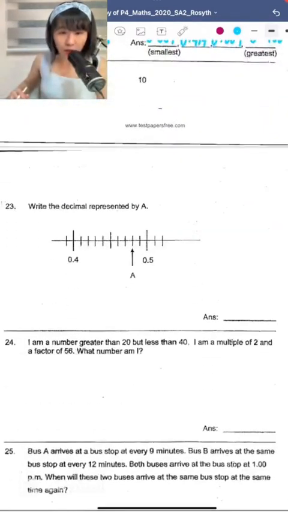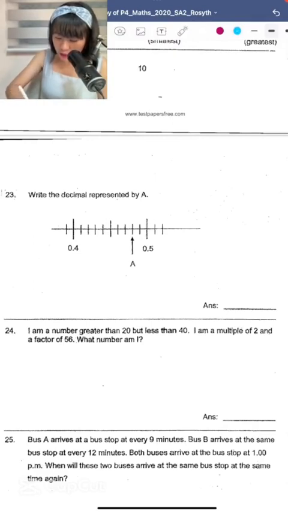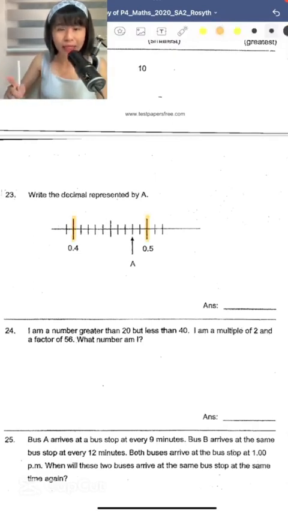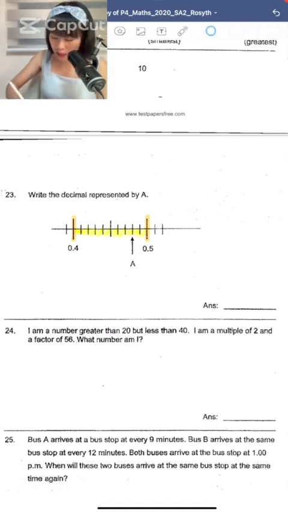Question 23, write the decimal represented by A. You have 0.4 here and 0.5 here, and in between there are actually 10 gaps. Let's see, is it really 10 gaps? 1, 2, 3, 4, 5, 6, 7, 8, 9, 10. If it's 10 gaps, it's really easy.